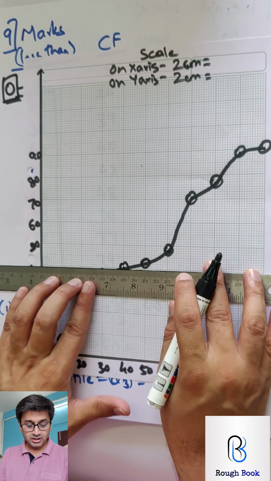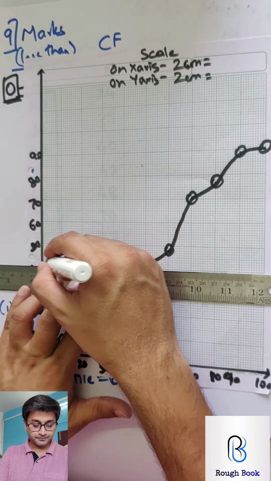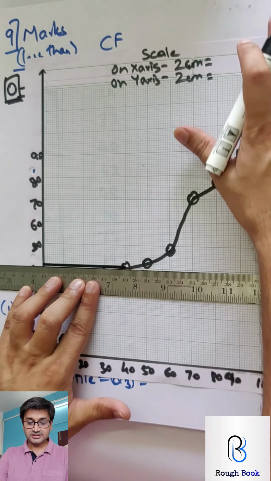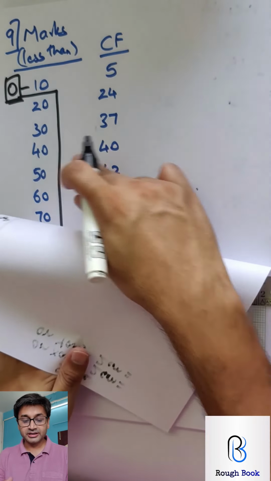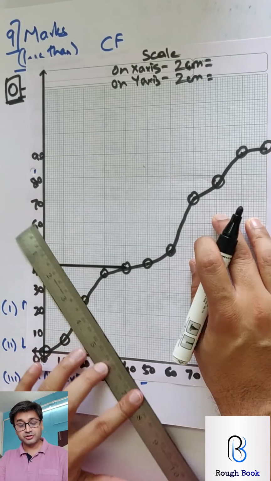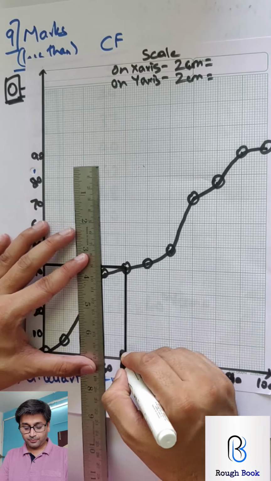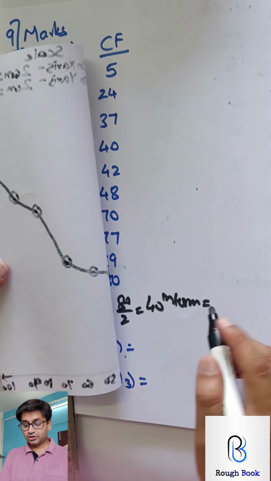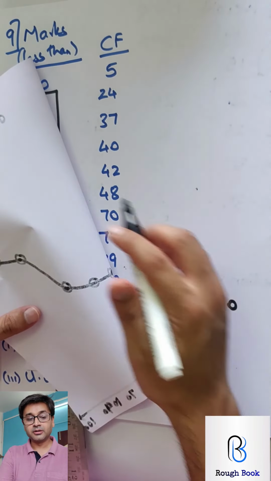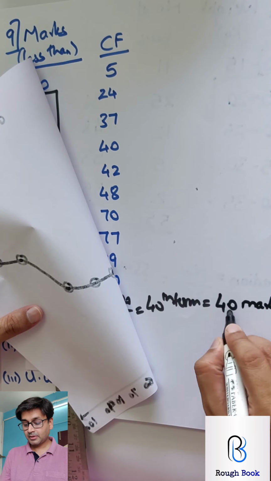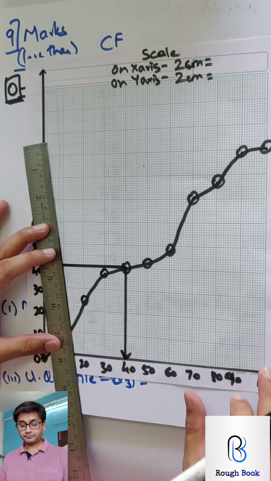Start from here. Now in this case, 40 was one of the points, I guess. Some point was 40 already. Yes, 40 was 40. So your answer has to be accurate and no deviations allowed in this one because the answer is a plotted point already. So your answer in this case is 40 marks.